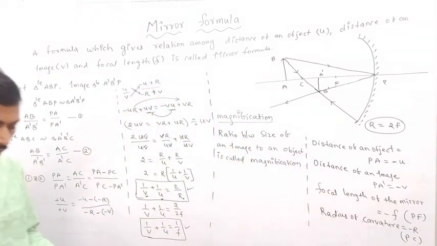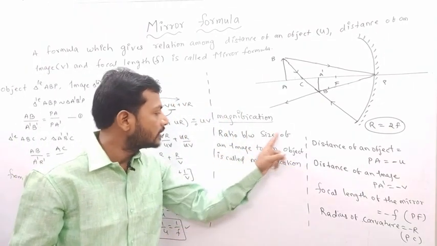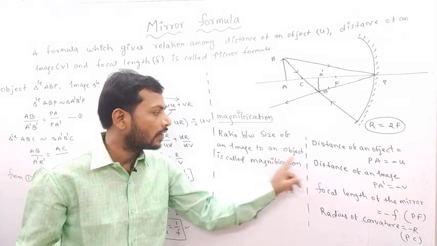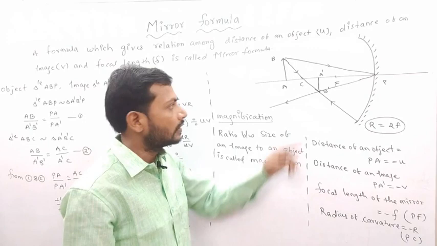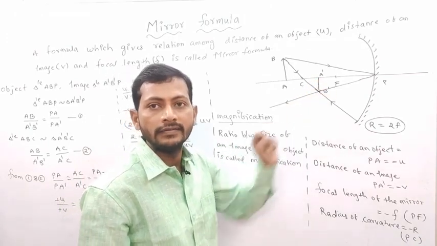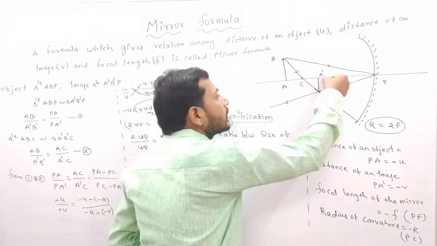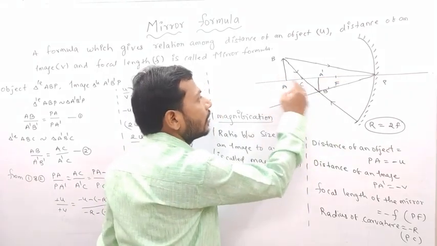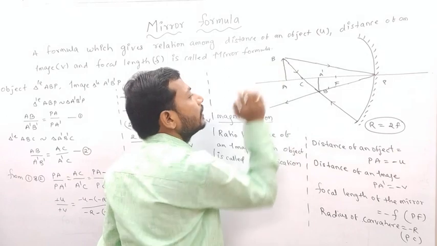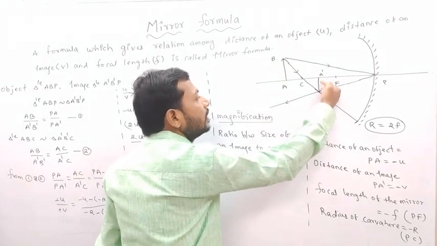Now observe once, the ratio between the size of an image and the size of an object. Size means here the height. The size of the object is AB. The size of the image is A dash B dash.